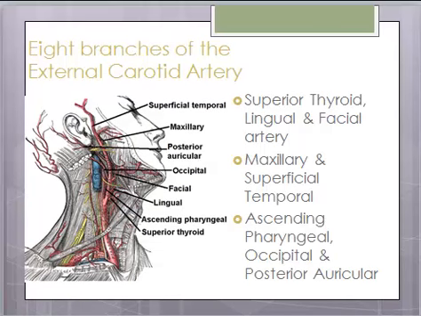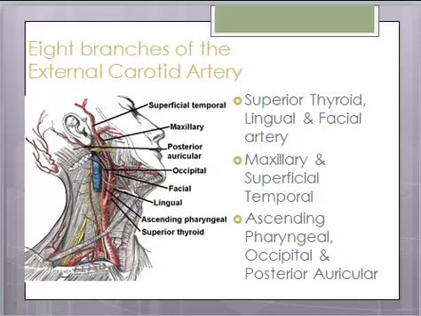Now, the external carotid artery has 8 branches. 3 of them are directed anteriorly: the superior thyroid, the lingual artery, and the facial artery. The maxillary and the superficial temporal are in the head. And 3 of the branches of the external carotid are directed posteriorly: the ascending pharyngeal, the occipital, and the posterior auricular.